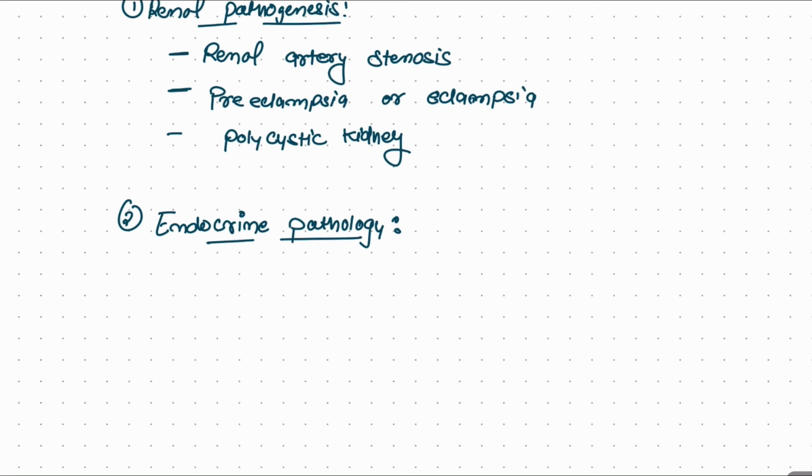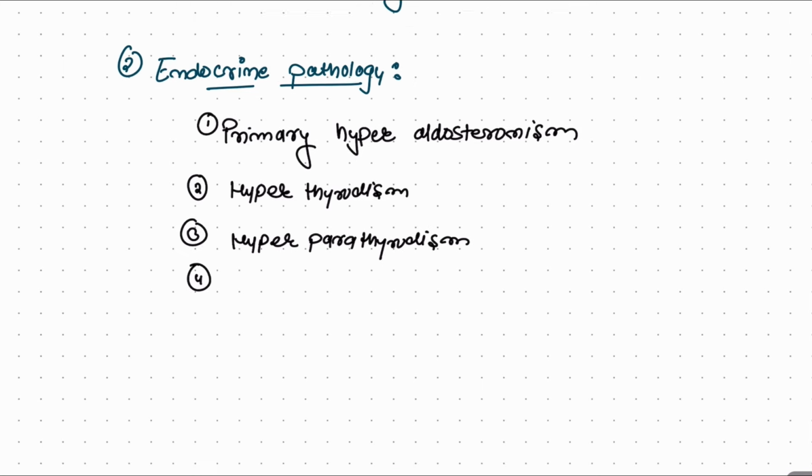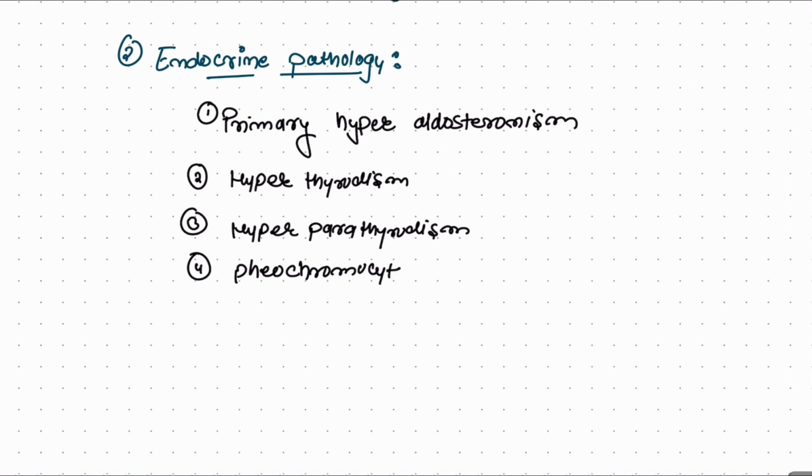Okay, so in primary hyperaldosteronism, the aldosterone concentration in the blood increases, and aldosterone is responsible for sodium and water retention.